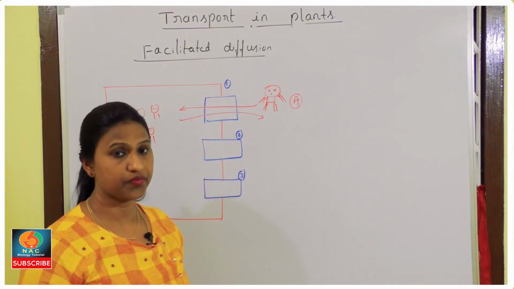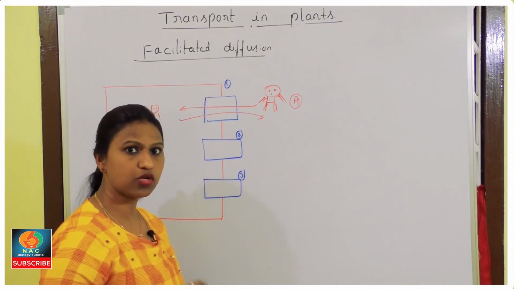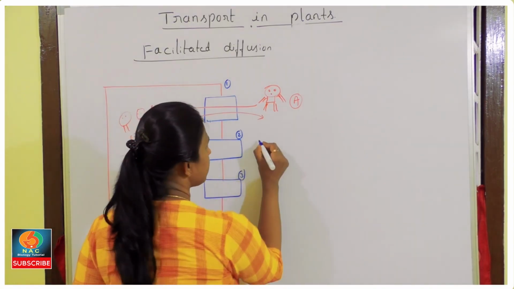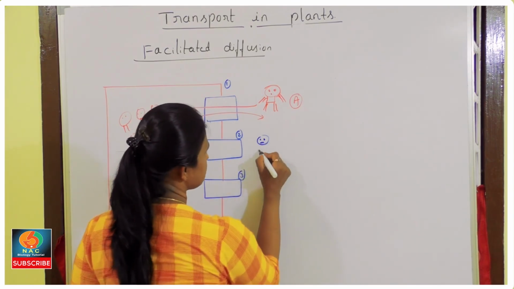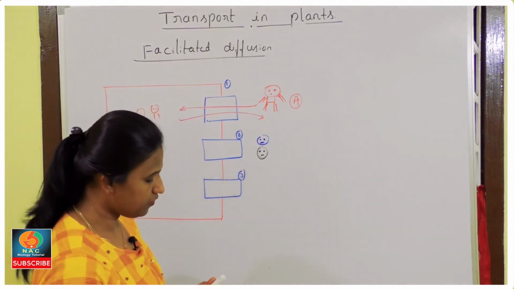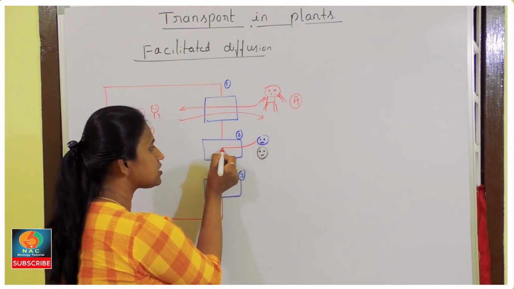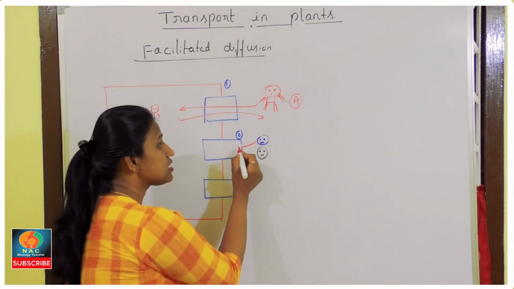Another gate is once again quite special. It is meant for two members. Say here one person is there and here another person is there. Even if this person comes early and wants to go inside, this gate will not open for him.